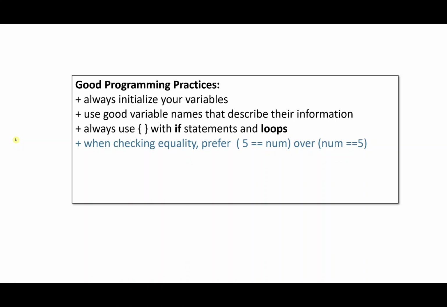Instead of doing num = 5, because if you dropped one equal sign, the compiler is going to assume that you're assigning, the way you do it is to always have the value that you're checking the number against, for equality, or less than, or greater than, or any of these Boolean operators, on the left.